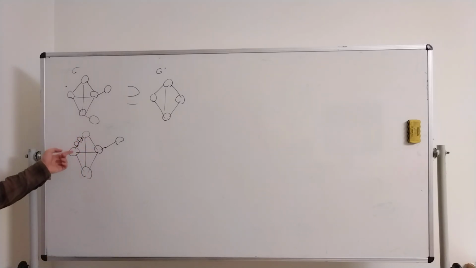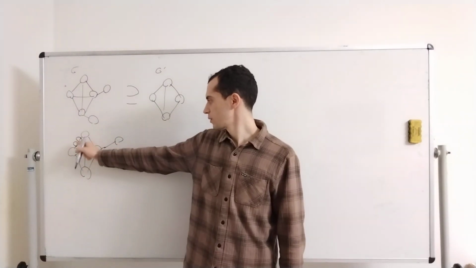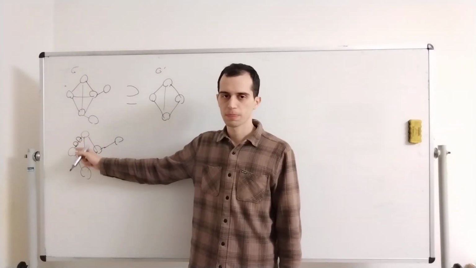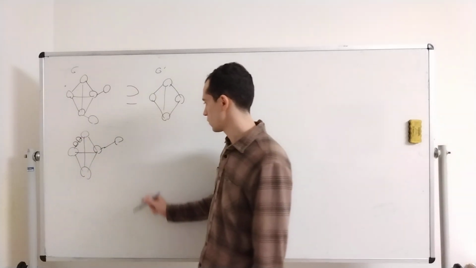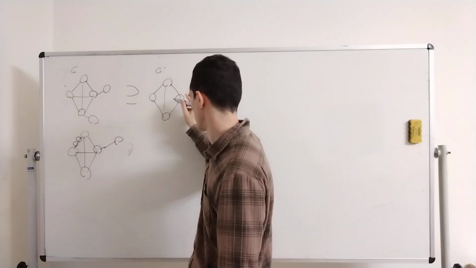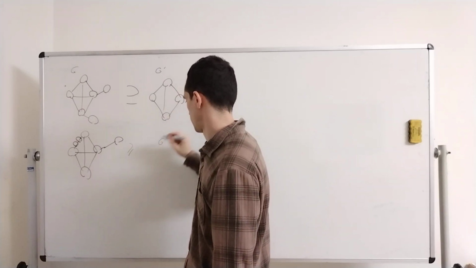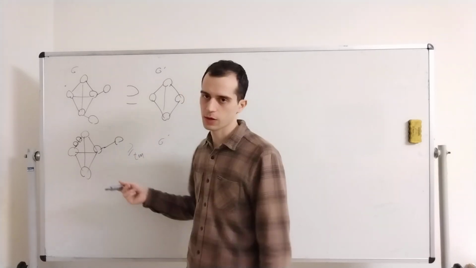So this is a path now. And the idea is that somebody might say, look, this path functions like a big edge, right? So we could again say we contain this graph, and this is the notion of a topological minor.